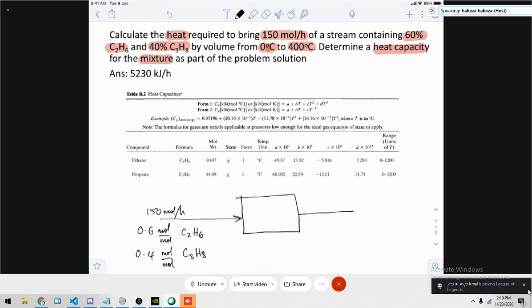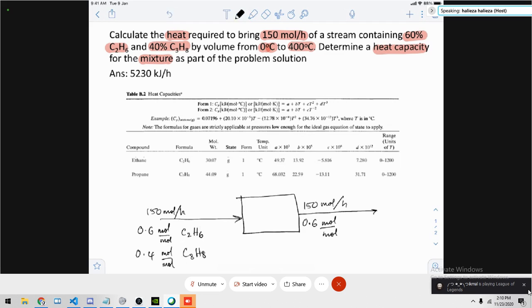Since there's only one inlet and only one outlet, it's going to have the same molar flow rate and the same composition. Nothing is going to change regarding that stream.